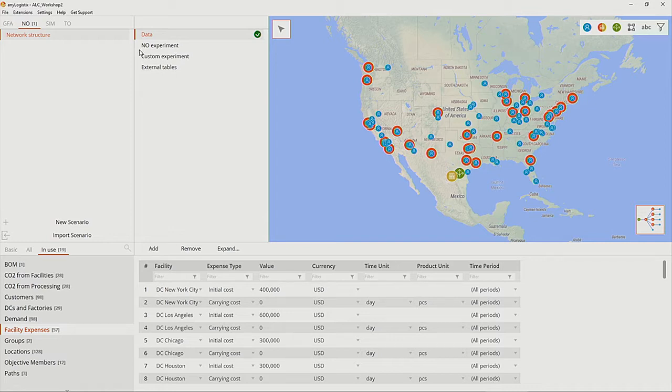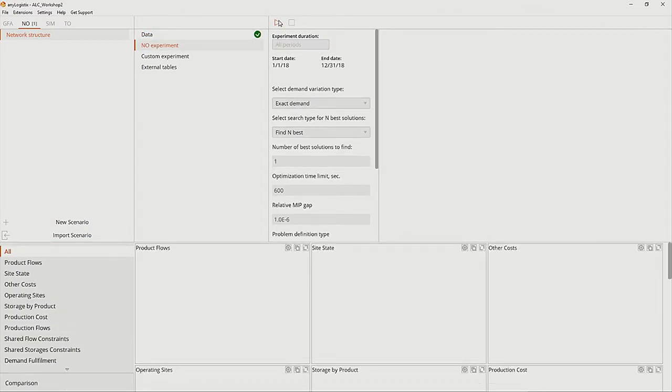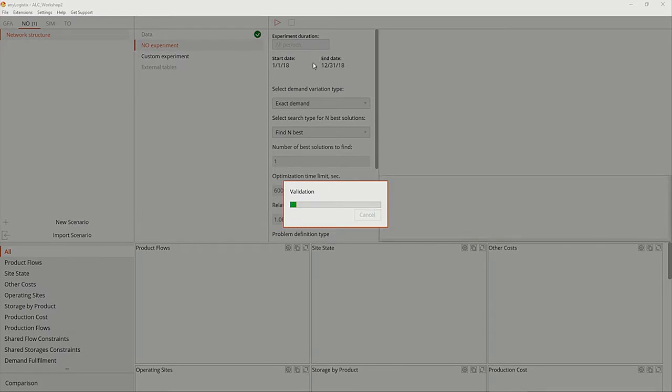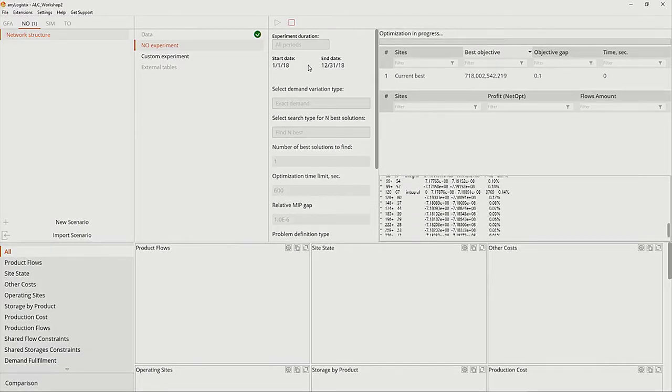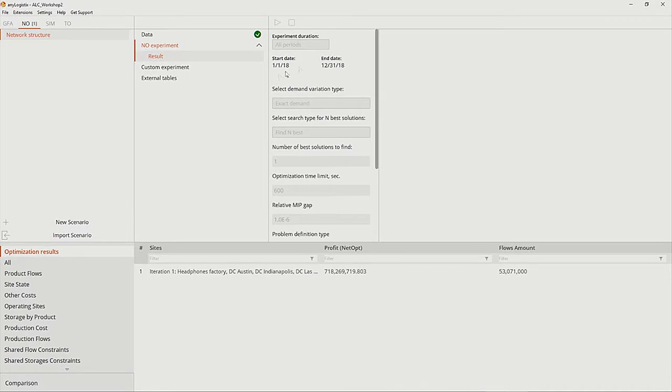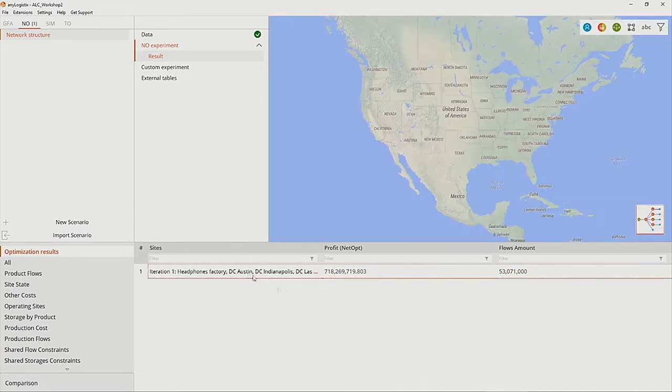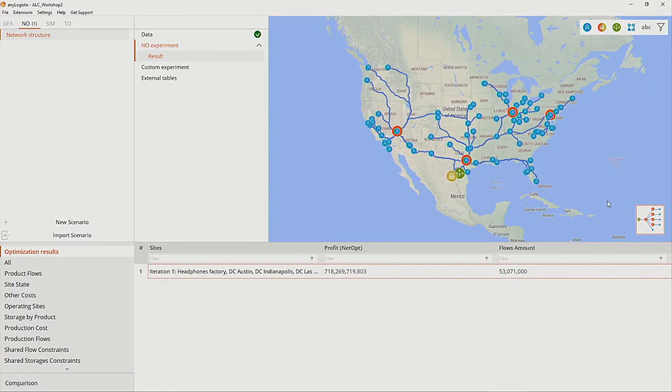As Timofey said, we have 28 potential locations for our sites, and we need to choose the best ones. So we've run optimization, and we already have the best proposed structure of our network.